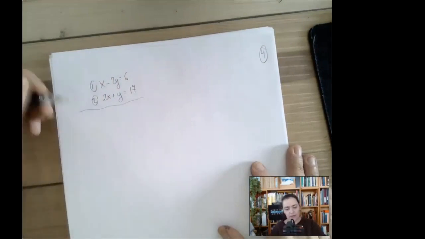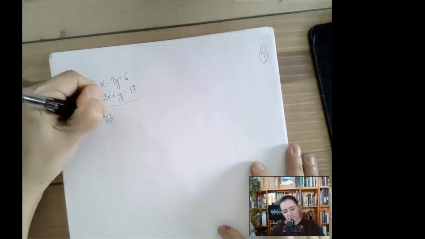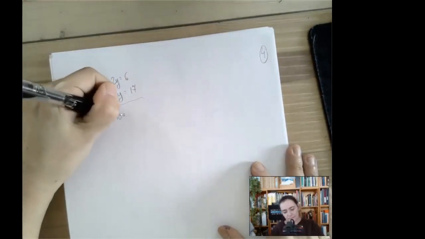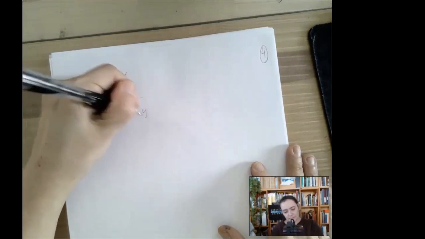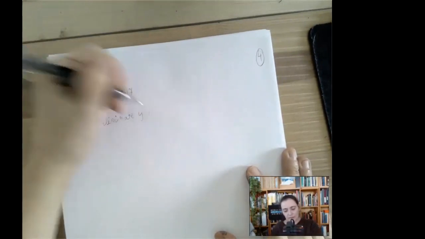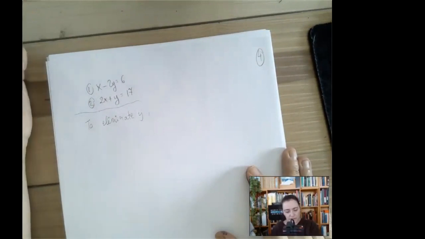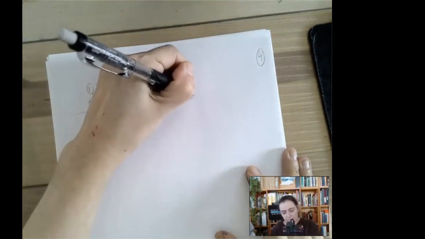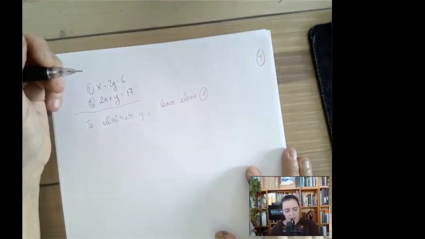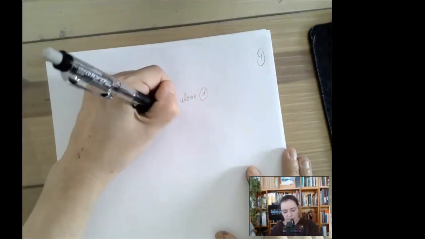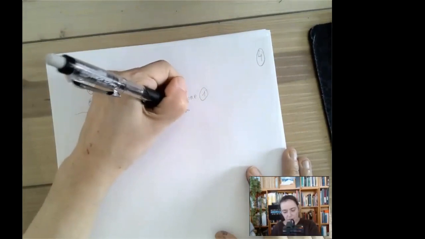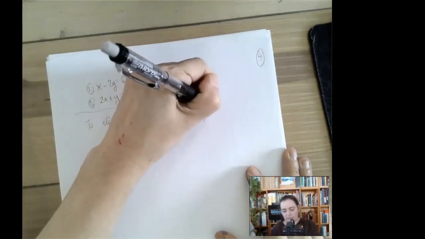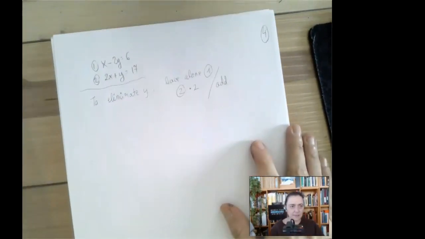So to eliminate y, leave alone the first equation. And the second equation multiply by 2 and then add, which is always the last step.